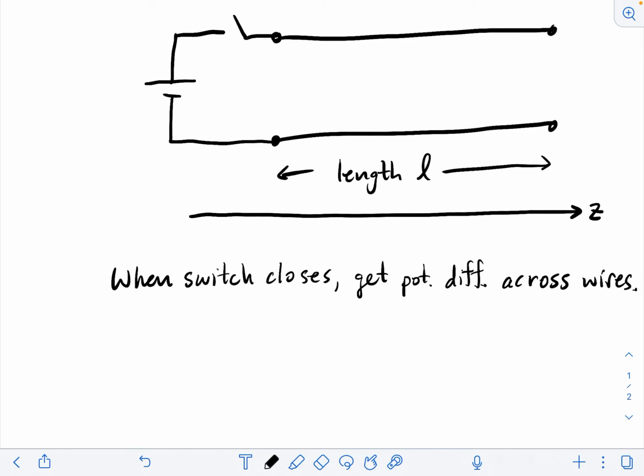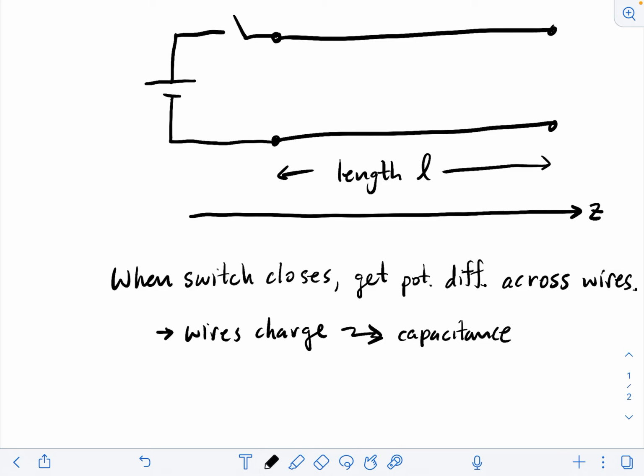In fact, the conductors will be charged as well, and you could take the ratio of the charge on the conductors to the potential difference across them, and that by definition defines capacitance. So our wires charge, and that means that there is some kind of effective capacitance. That's not so hard to imagine.